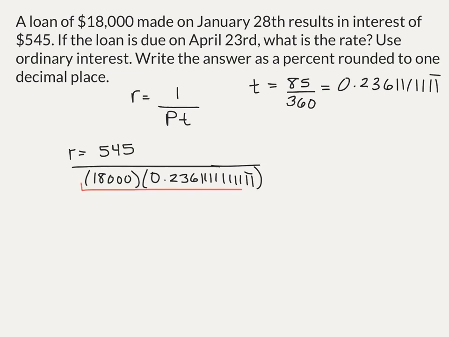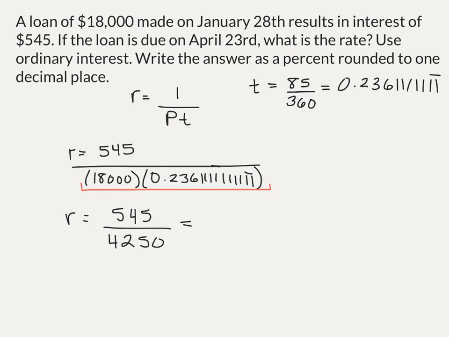Next, we'll multiply the values in the denominator position. And when we do that, we should get a value of 4,250. And remember, we want to keep that decimal long, or use the fraction to multiply by 18,000 to make sure that we don't have rounding error.